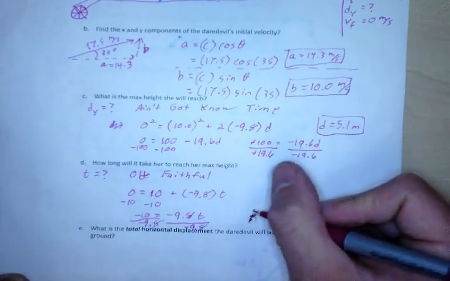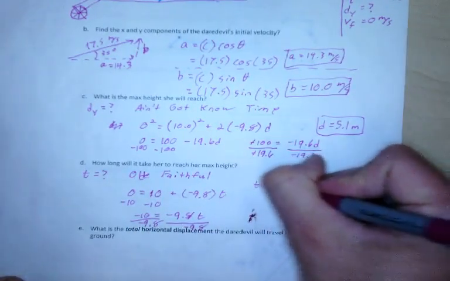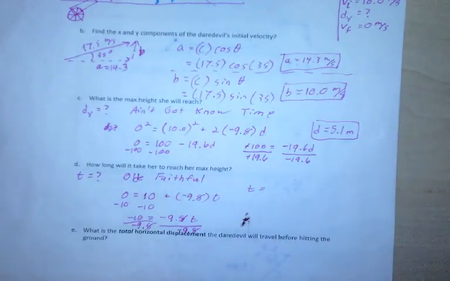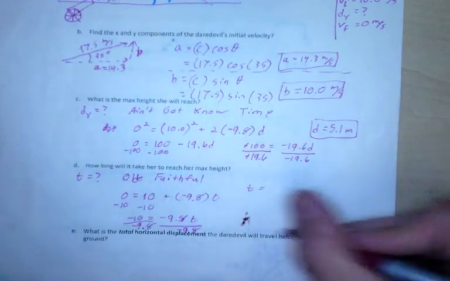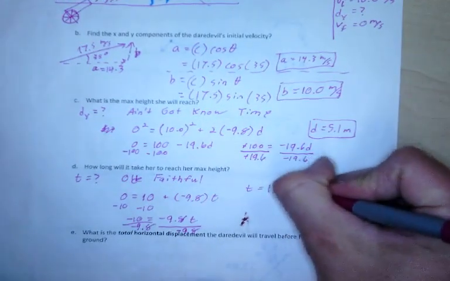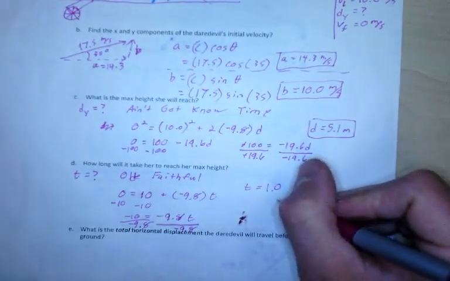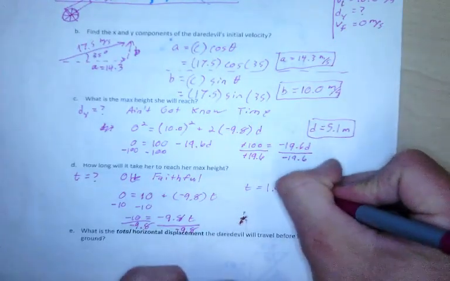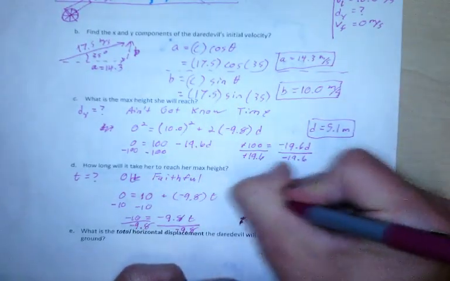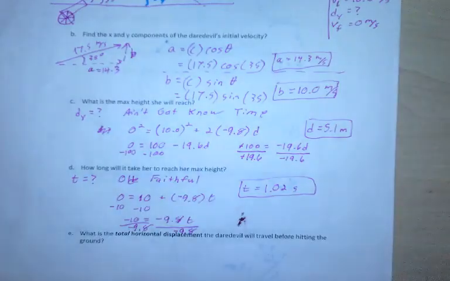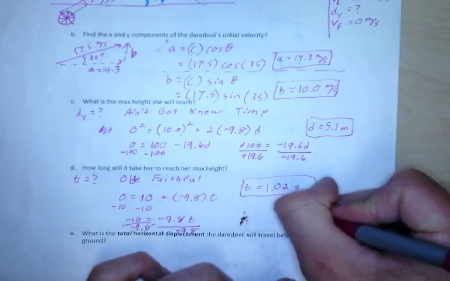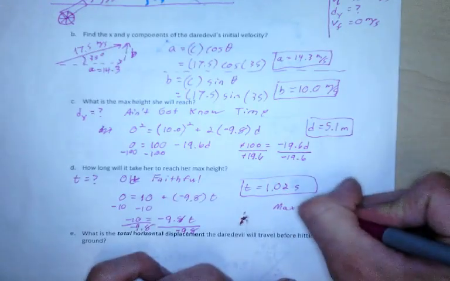And we get T equals 1.0. We'll go ahead and round a little bit more on this one, so 1.02. Okay, now be careful. This is the time to get to the max height.